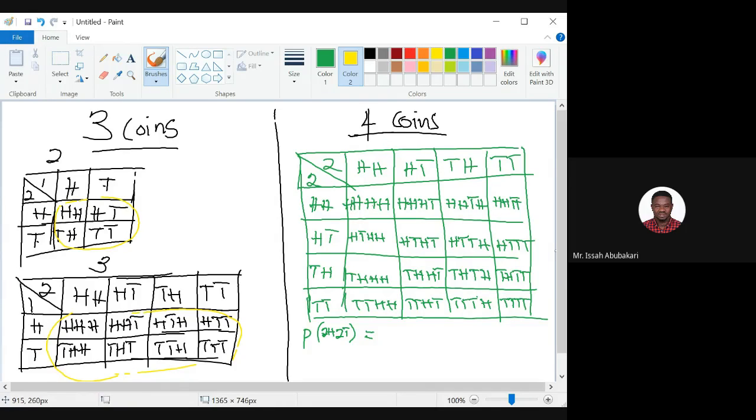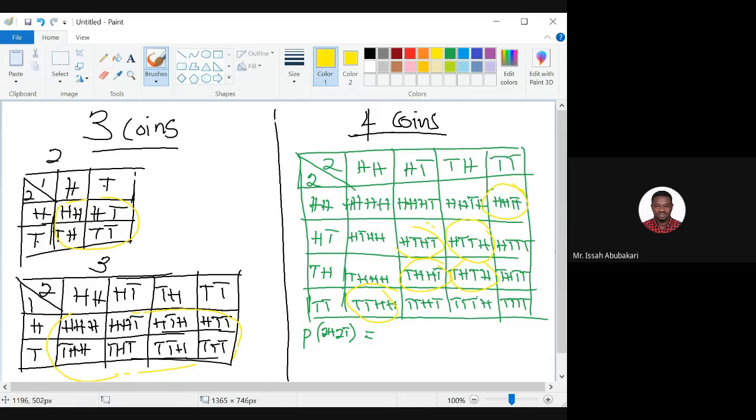This is 4 heads, 3 heads, 3, and this is 2 heads. So we have 1 here, and then 2 heads, 2 tails, 2 here, 3 here, 4, 5, 6.